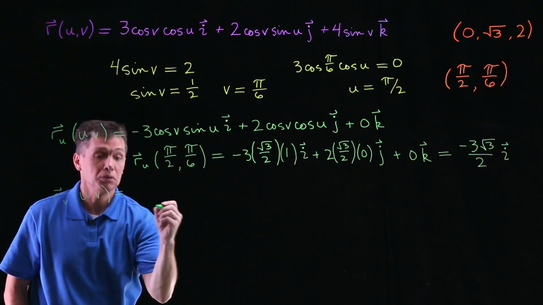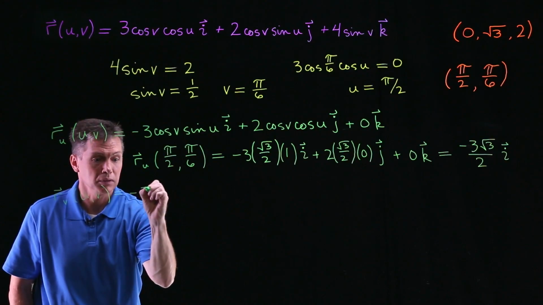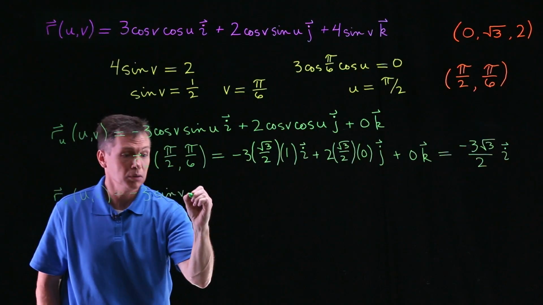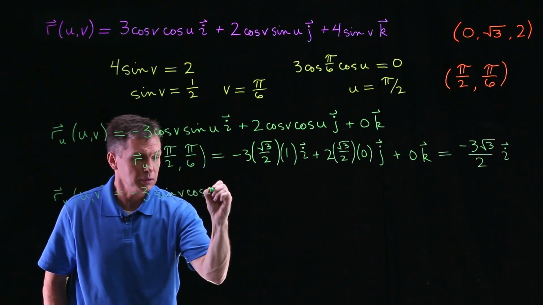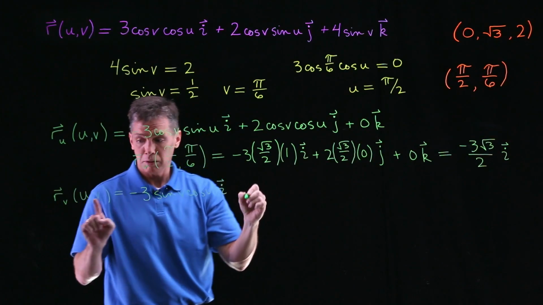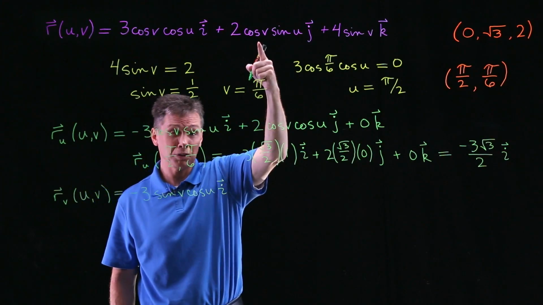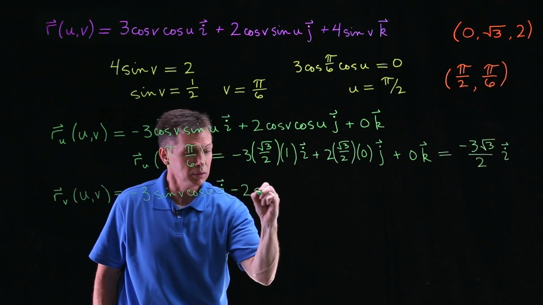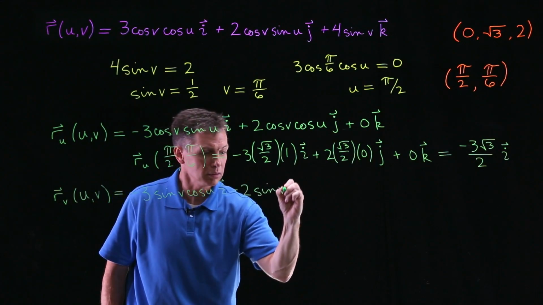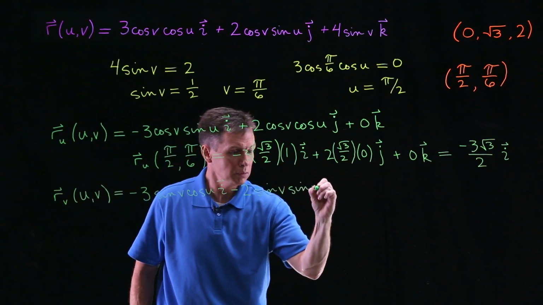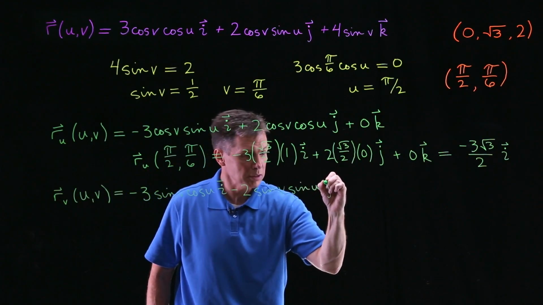So the derivative of cosine is going to be a minus sine v. Cosine of u stays the same, i vector. Differentiating with respect to v, here's another cosine. That'll be minus 2 sine v times the sine of u times the j vector.